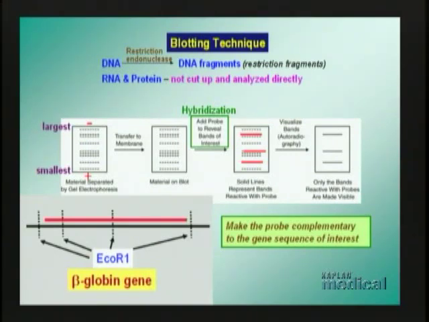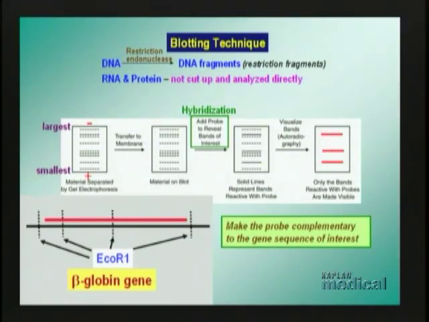Anywhere where the probe base paired with the beta globin fragments, bands now start to appear on the X-ray film. And in this example, there will be 3 fragments from beta globin that will appear on the X-ray film. There's going to be a small, medium, and large fragment from beta globin. I want to emphasize, this does not mean there are 3 beta globin genes.